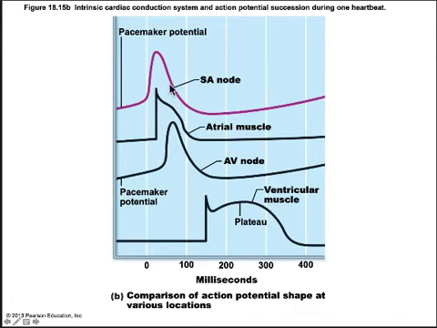You can see the SA node trace at the top, atrial muscle trace underneath it, and then pacemaker potential in the AV node, and then finally ventricular muscle. Okay, so again, notice in the ventricular muscle the long plateau, right? And that's to do what? That is to make sure that the myocardium cannot go into tetany.